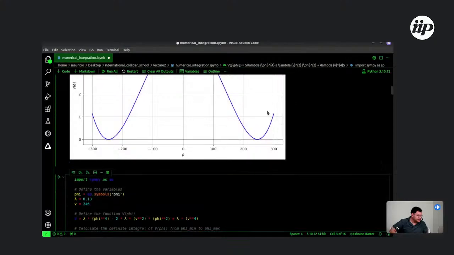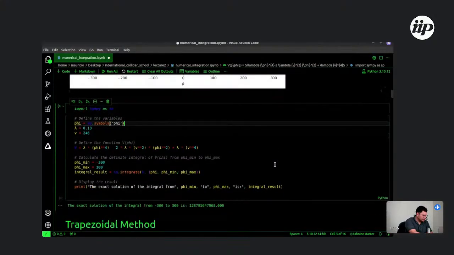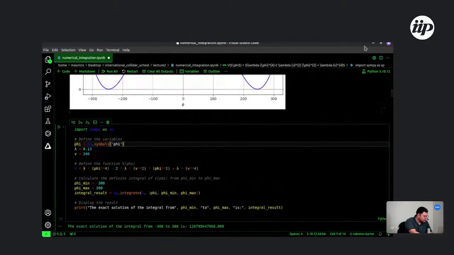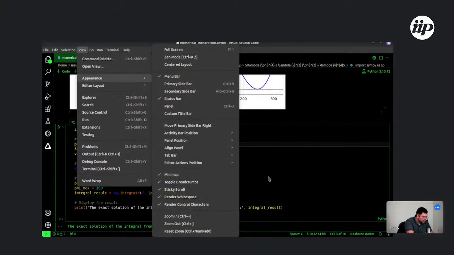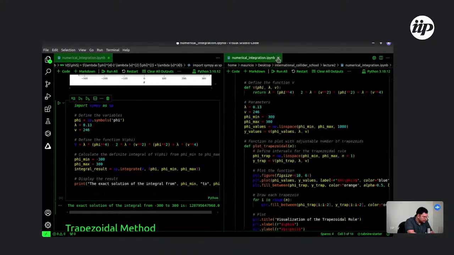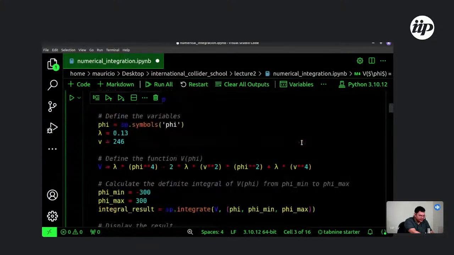So we start, first of all, by finding the exact solution. Here is a good zoom.